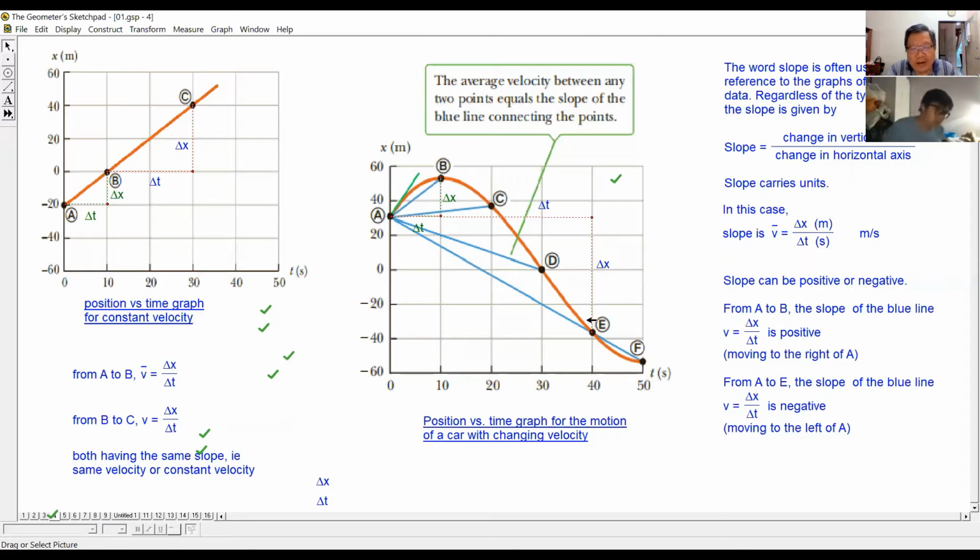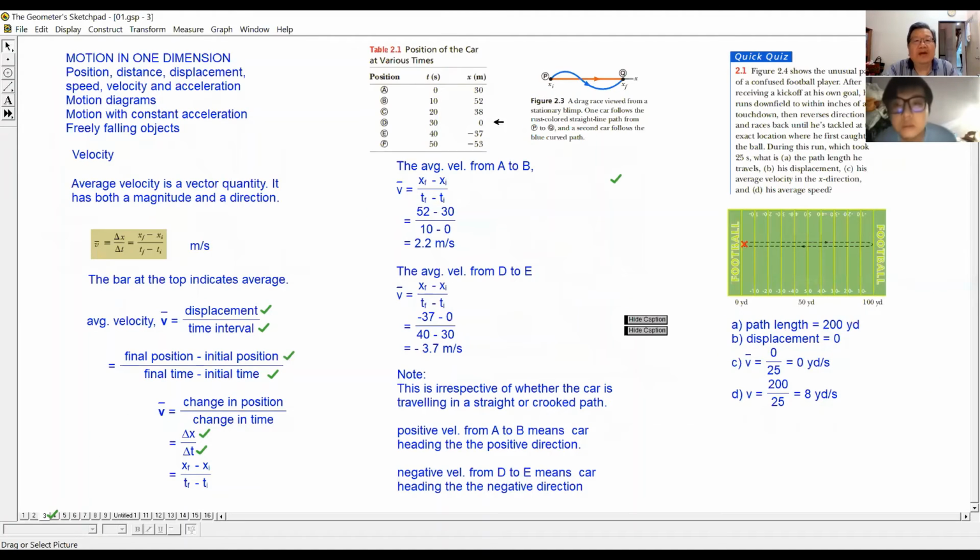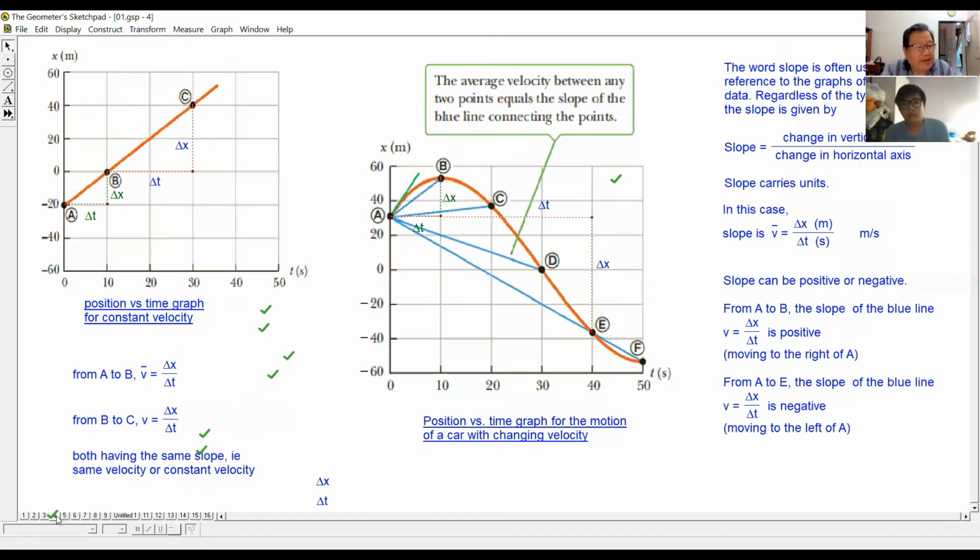So the graph shows the various positions of the car and their times respectively. Coming back to this table, probably you see numbers and cannot visualize what is going on. But actually, it will be something like this.